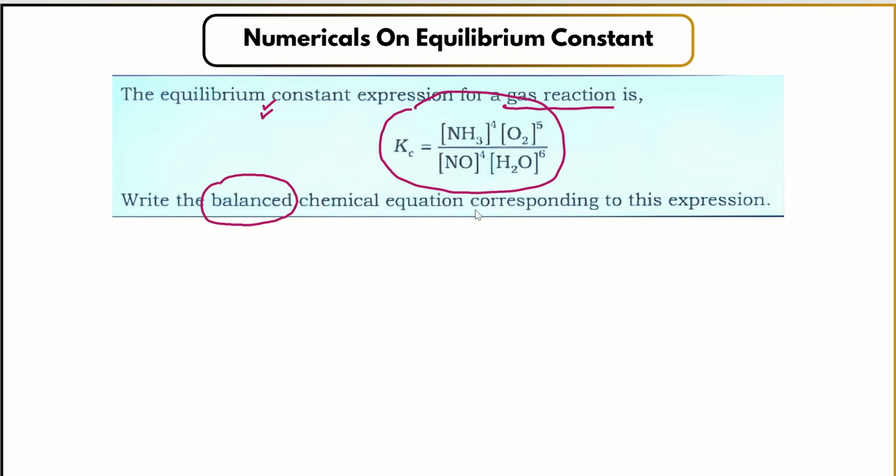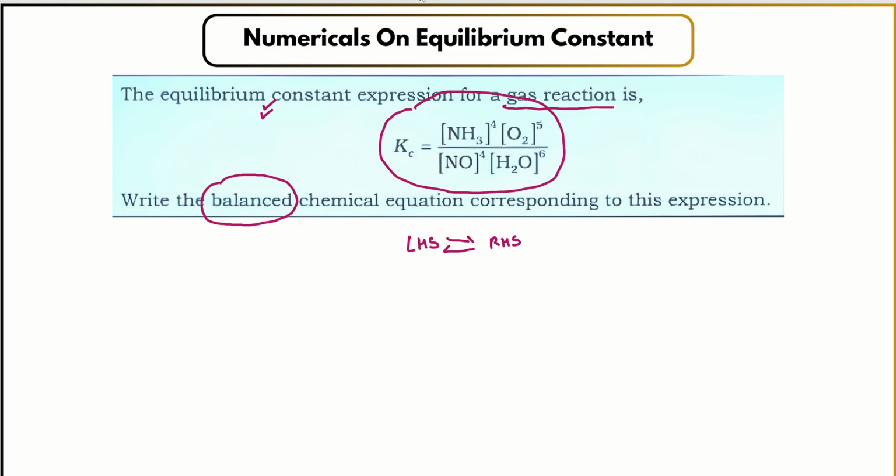First of all, you have to make the equation from the expression, and then you have to check whether that equation is balanced or not. And this is also very easy if you remember the rules, guys.